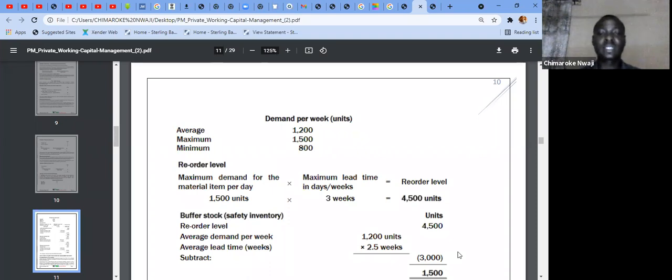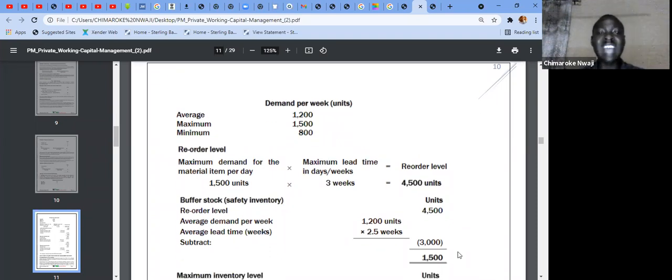That means if everything goes average, when you place a new order at stock level 4,500 units and the normalcy continues, by the time you would have finished using 3,000 units, which is what you minus, you have 1,500 left.